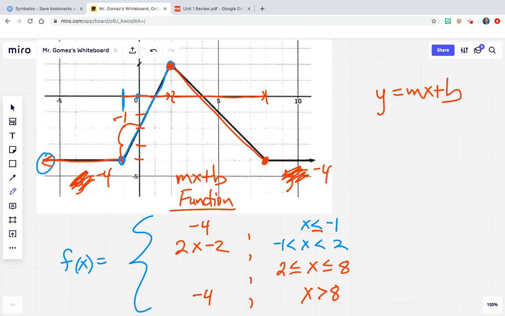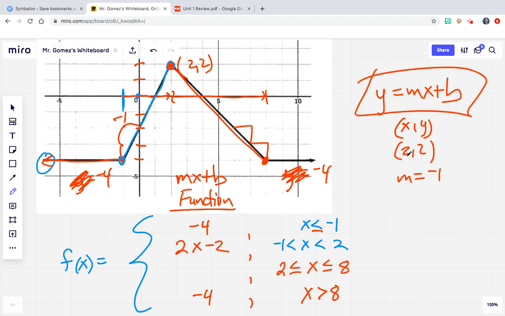So at 2, 2, I know that there exists a point. So we could say an xy point exists at 2, 2. And I can see the slope from this. I can see that it goes over 1, down 1, over 1, down 1. So I know the slope is -1.